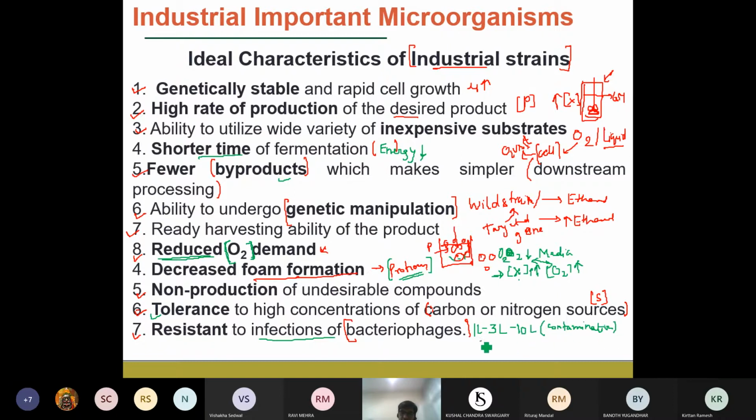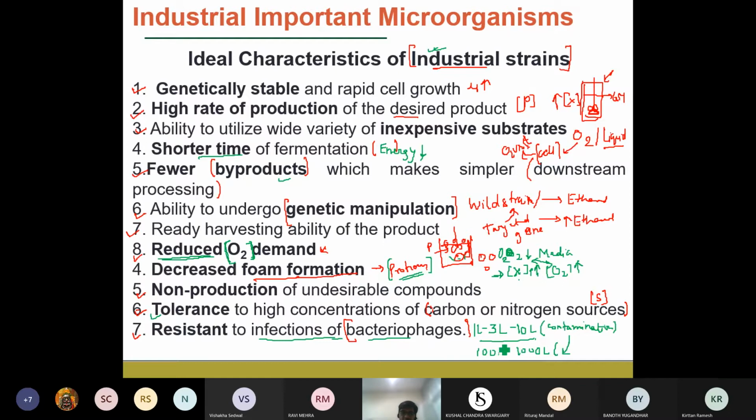In the lab scale it is okay, but in the industrial scale you will have, for example, 100 liters to 1,000 liters. So if there is any contamination, it is a huge economic loss. Therefore, for industrial strain development, you need to develop strains which are resistant to infections, bacteriophages, viruses, or bacteria.